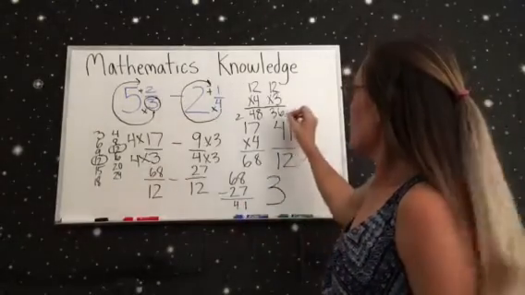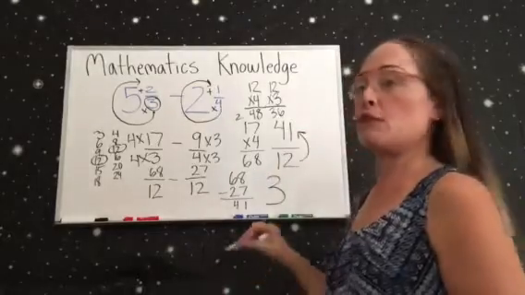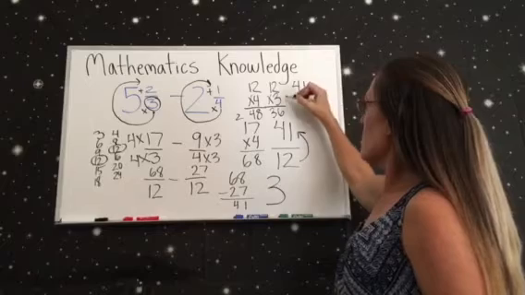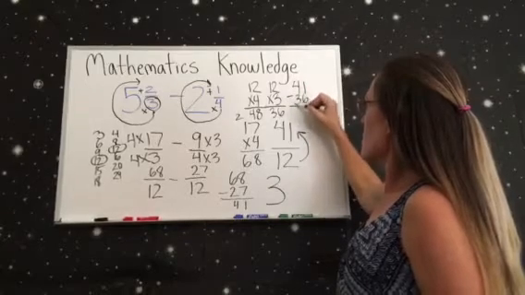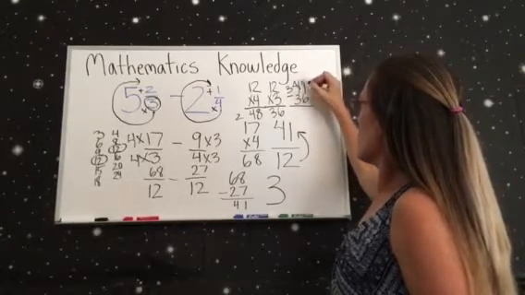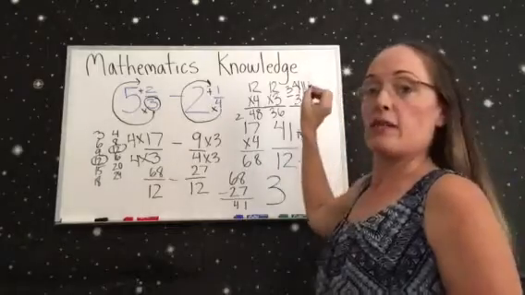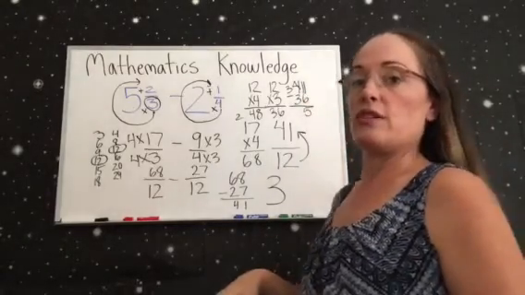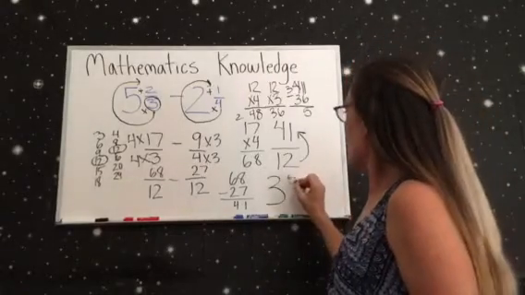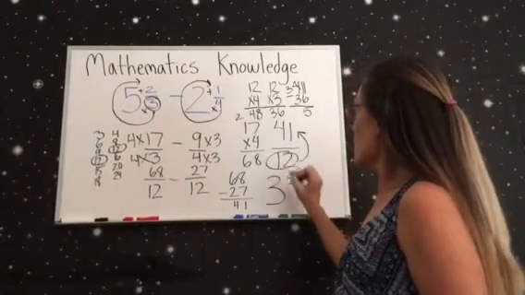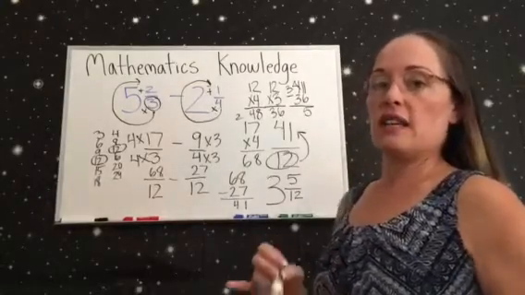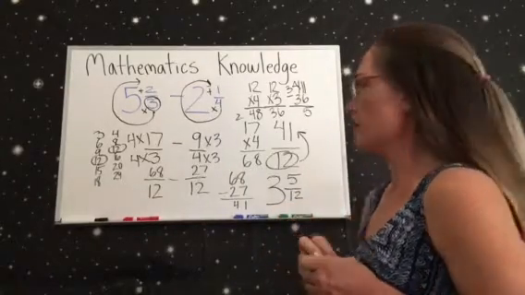And because we got the 36, we're going to find the difference between the 41 and the 36. And 11 minus 6 is 5. So that's the remainder. So we're now going to put that 5 over our 12. And that's the answer that'll be on the test.